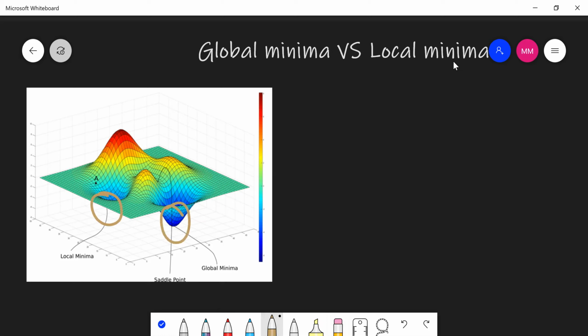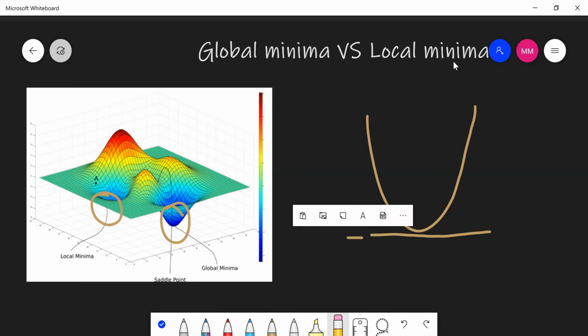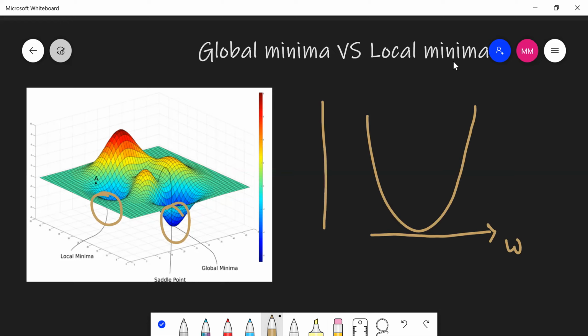When we see this in a 3D format, normally we are not able to understand what exactly it is. So let me draw a 2D graph over here. This is nothing but a 2D graph. We'll consider the x-axis as weight and the y-axis as loss.